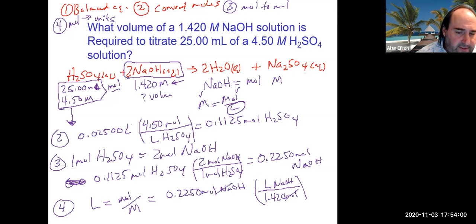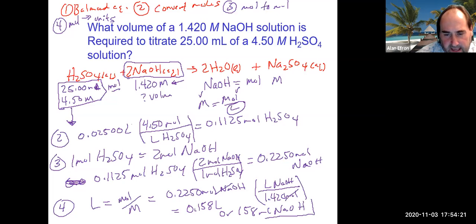Moles cancel, and that gets us 0.158 liters, or about 158 milliliters of sodium hydroxide needed to reach the equivalence point in this titration.